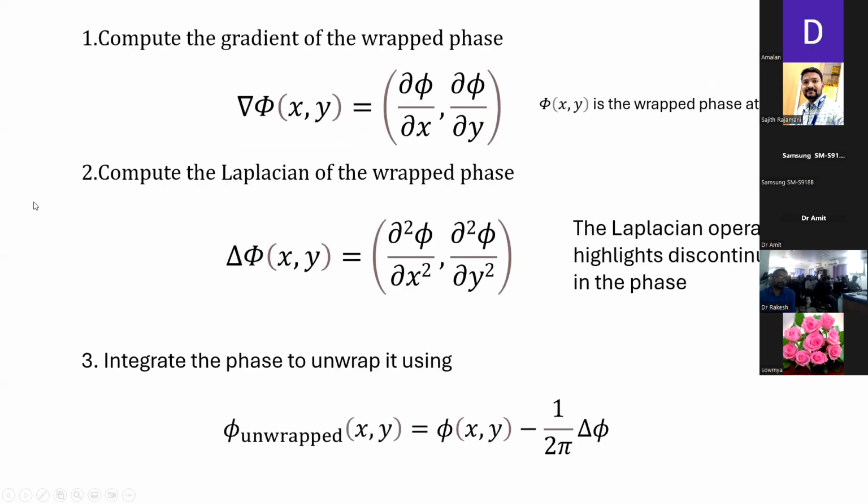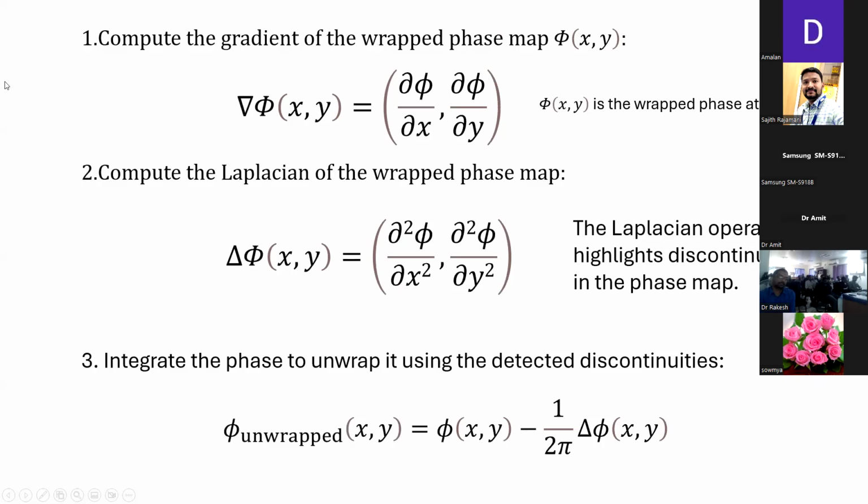So let's see how this works. First, we need to calculate the gradient of the wrapped phase, which we can calculate using this equation. Consider we have two pixels, x and y. The phi of x,y is the wrapped phase at position x and position y.